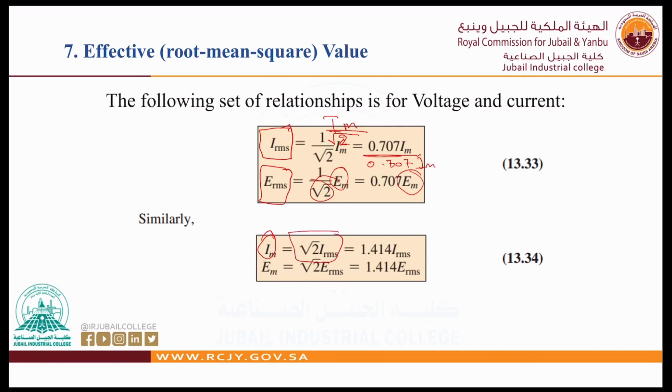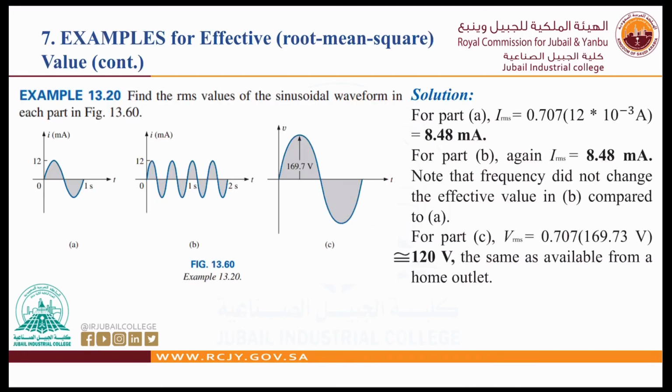Or use this number, root 2 is equal to 1.414, multiplied by RMS. This is the same for the voltage. This is a very simple and important formula. You are going to use it in the coming examples.